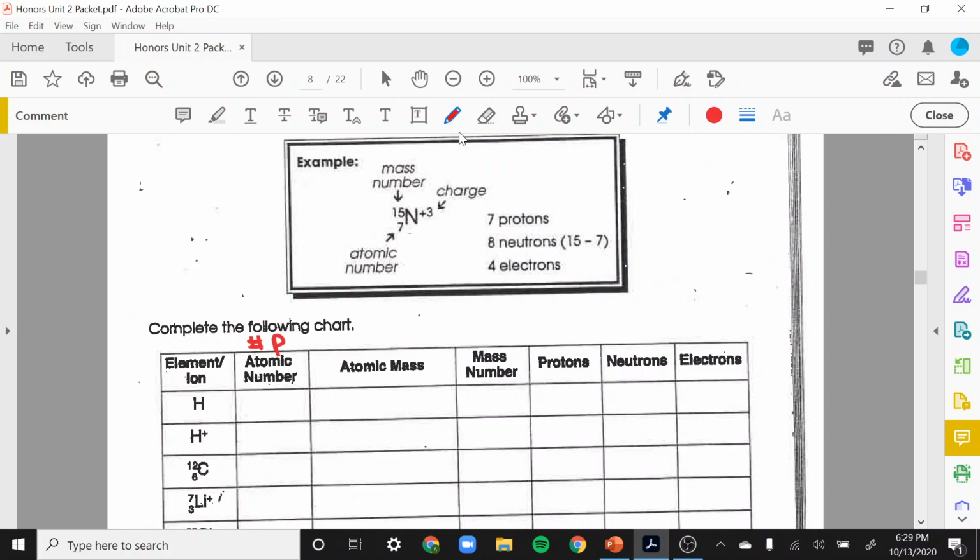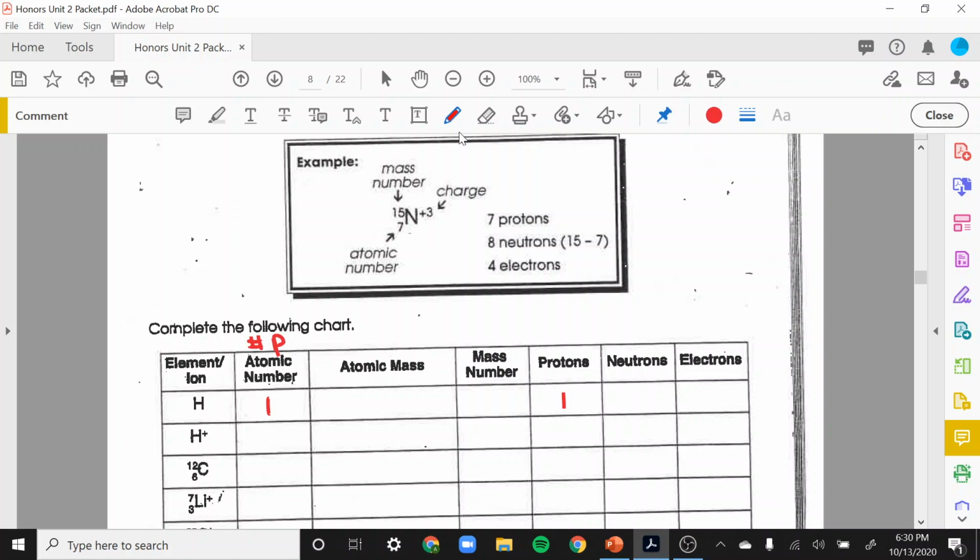You're going to get that number right off of the periodic table. So everybody look at your periodic table, go find hydrogen, find the atomic number, it's 1. And that is obviously how many protons you have, so you can fill that out as well. Your number of protons is always equal to your atomic number.